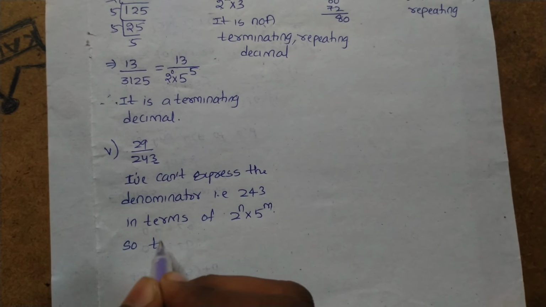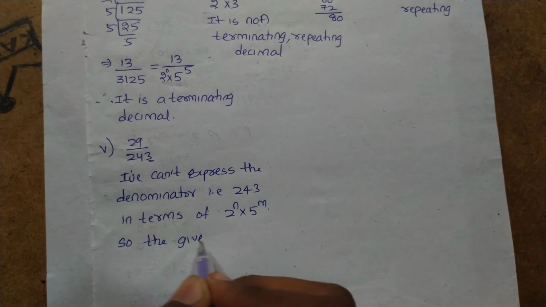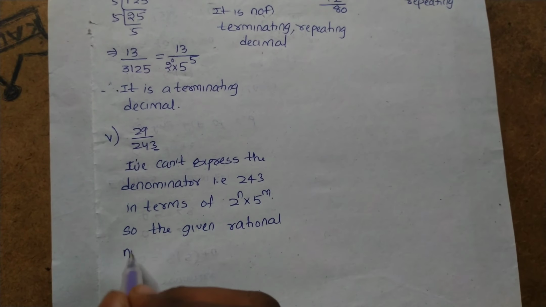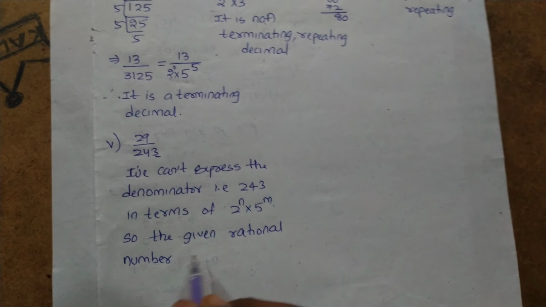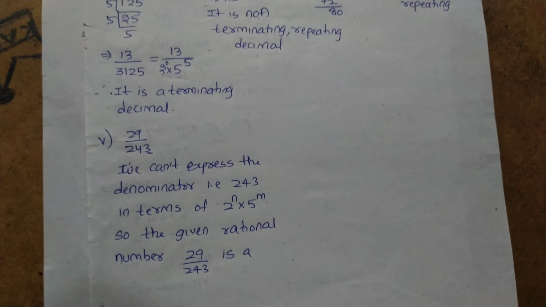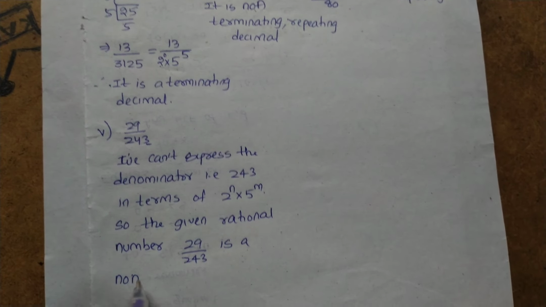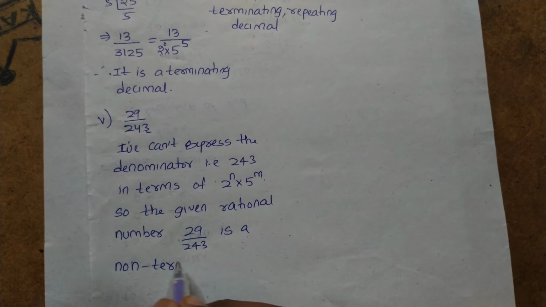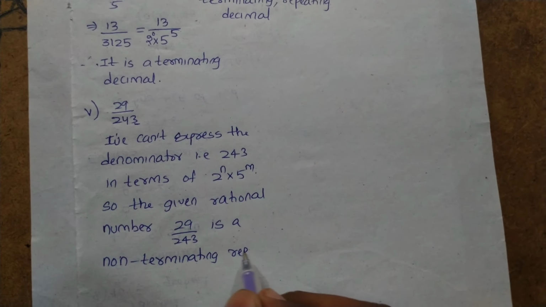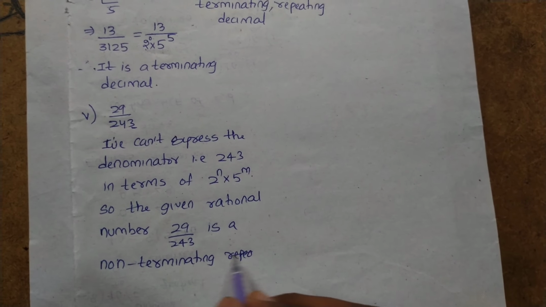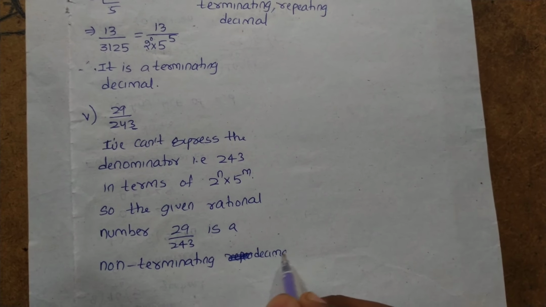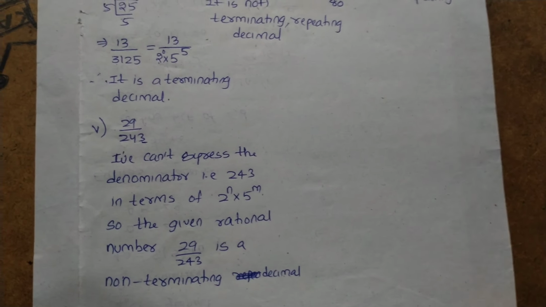So the given rational number 290 by 243 is a non-terminating decimal. Simply I am writing non-terminating decimal.